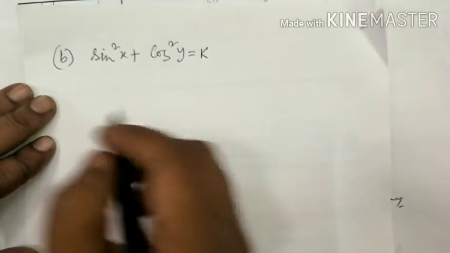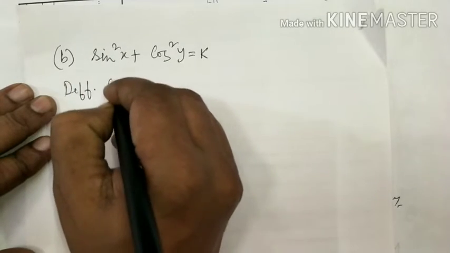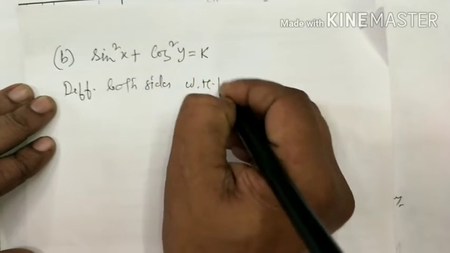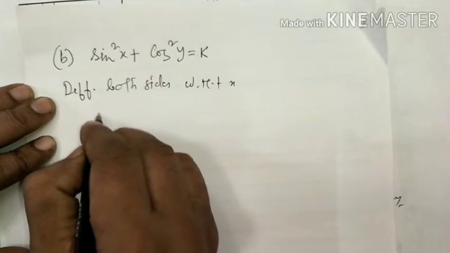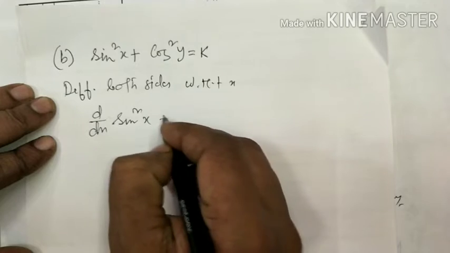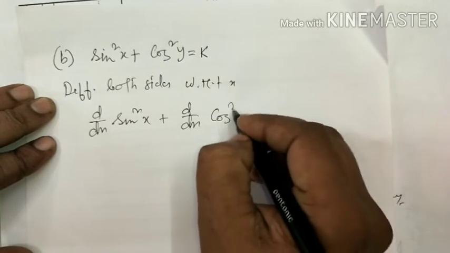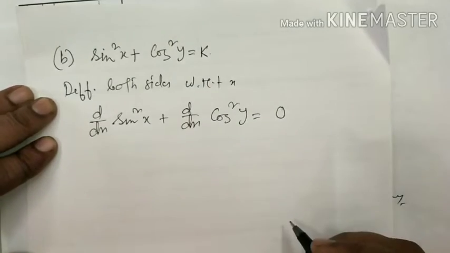K is a constant. So you write differentiating, same process, differentiating both sides with respect to x. So you write d/dx of sin square x plus d/dx of cos square y, and d/dx of k constant is equal to 0.